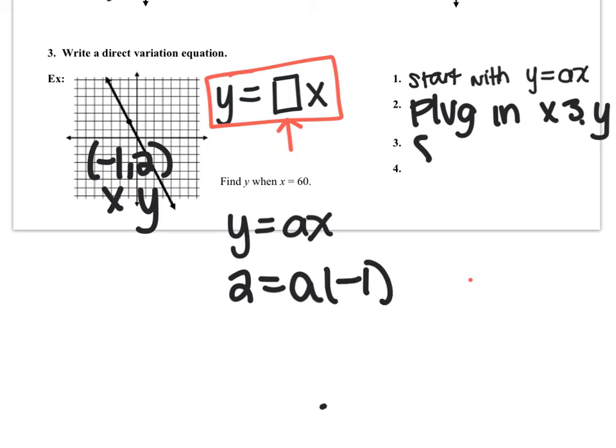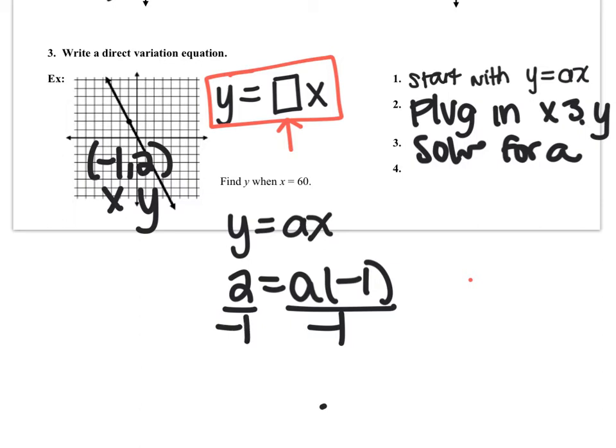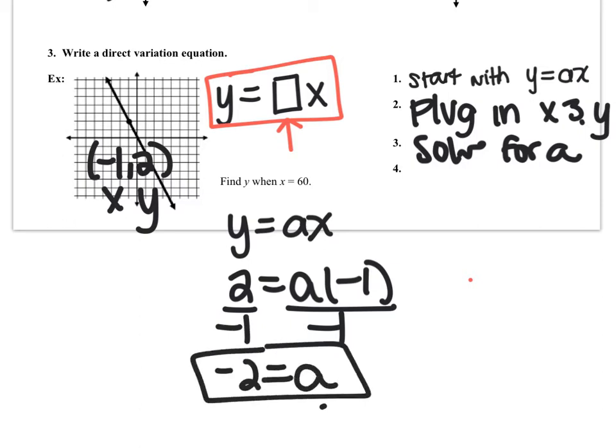And so then I'm going to solve for A. So in this case, A is being bothered by -1. It's multiplying, so I would divide. So I get A equals -2. But then that's not my answer, because the directions were to write the equation.